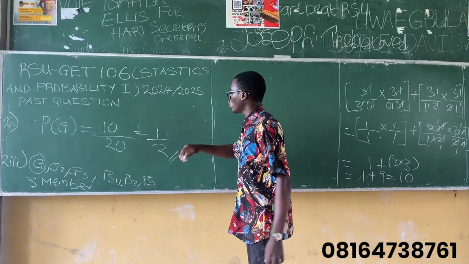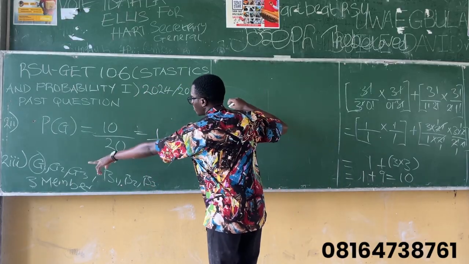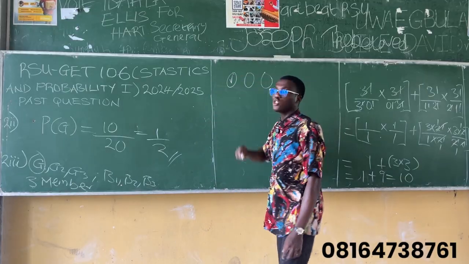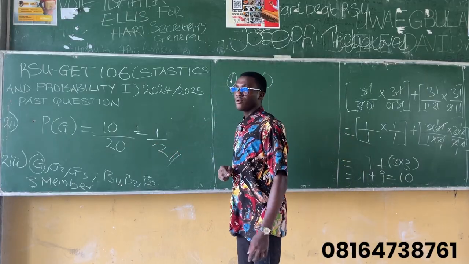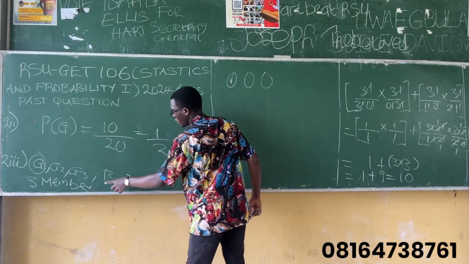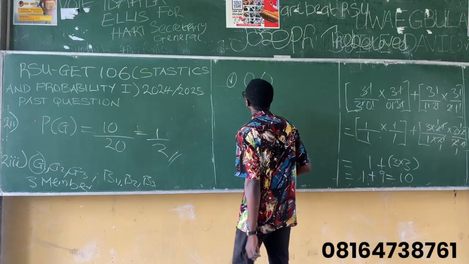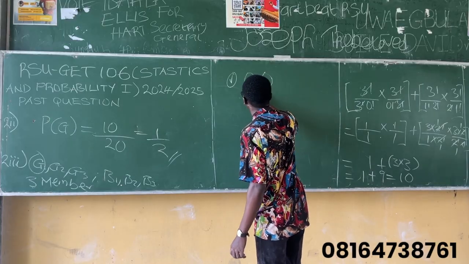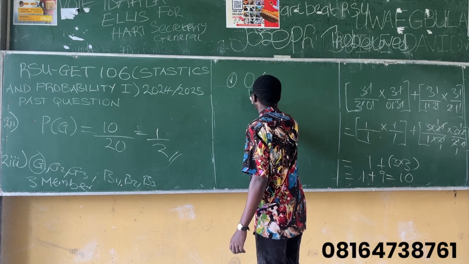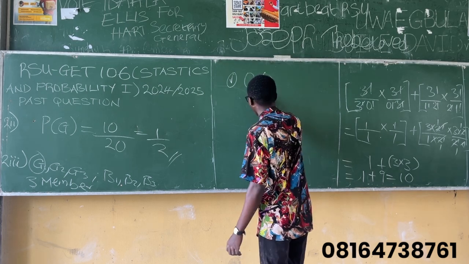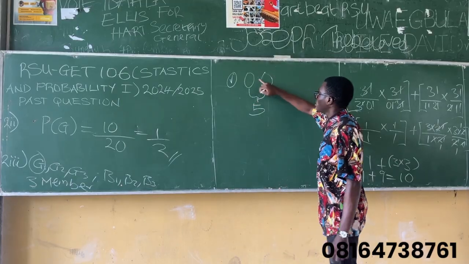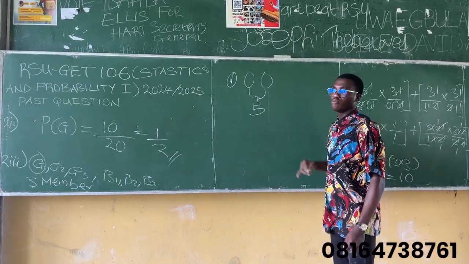If G1 is chosen, it means that out of the 3 spaces for the 3-member committee, 1 space is already taken by G1, meaning that what is left of the sample points is G2, G3, B1, B2, and B3. So we have 5 sample points left to share these 2 spaces for the remaining 2 members.